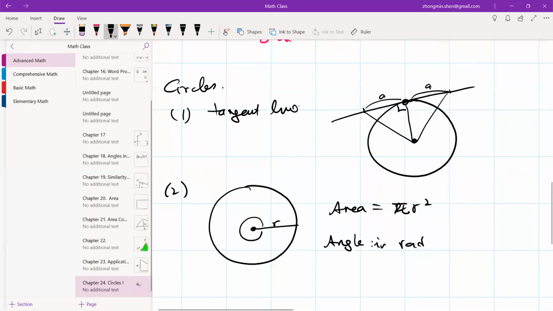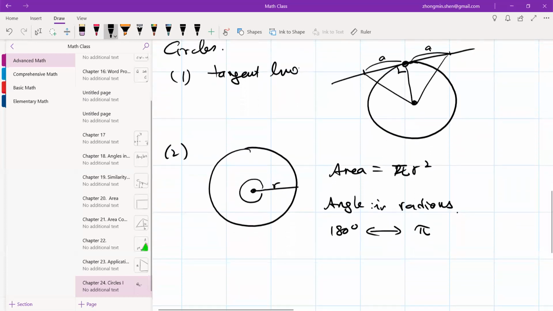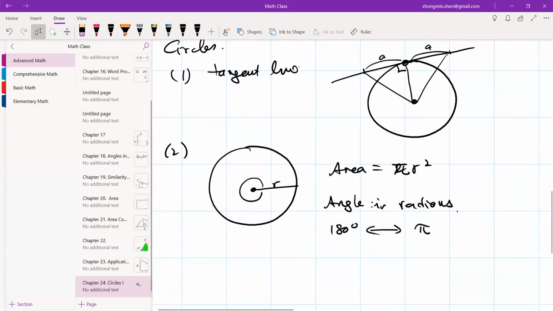In radians, 180 degrees is equivalent to pi. Pi is a number, just 3.1415. So 360 degrees will be 2 pi.